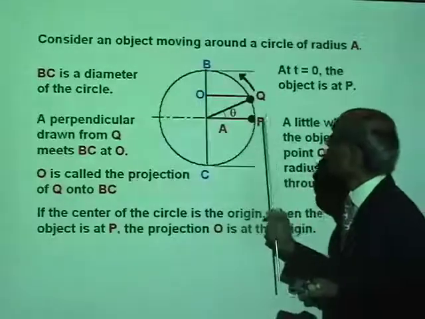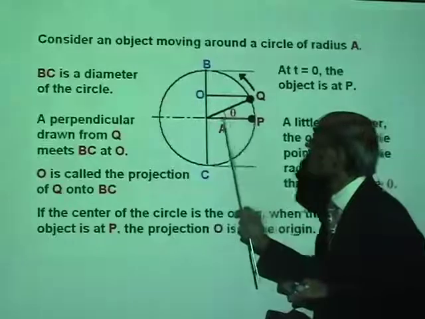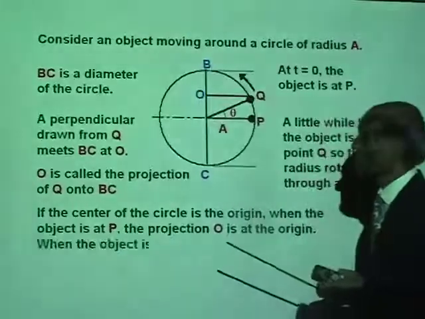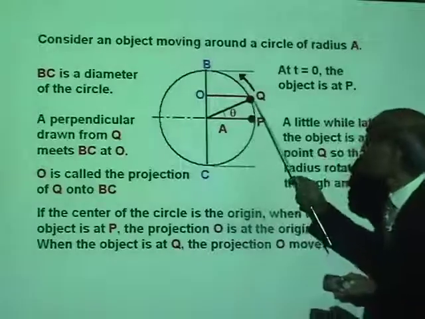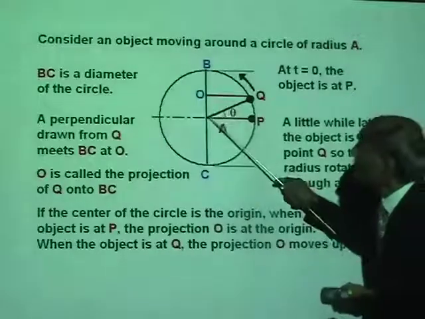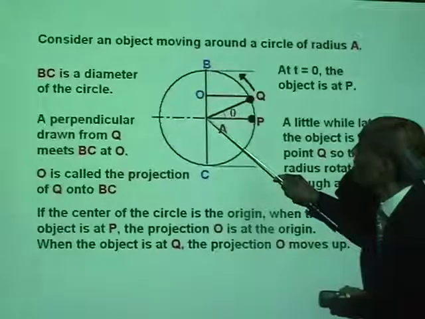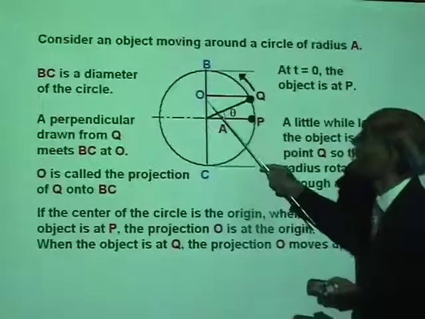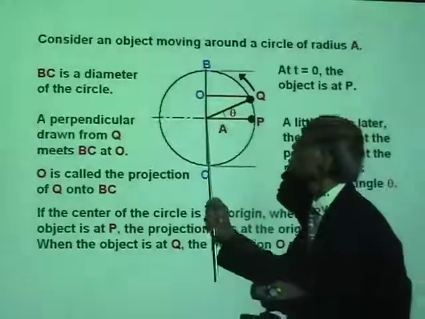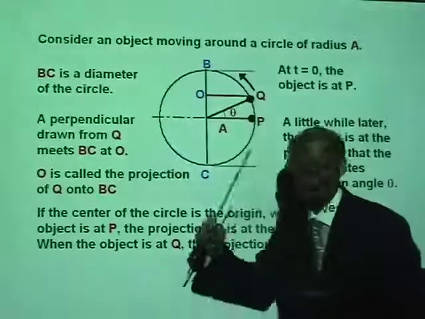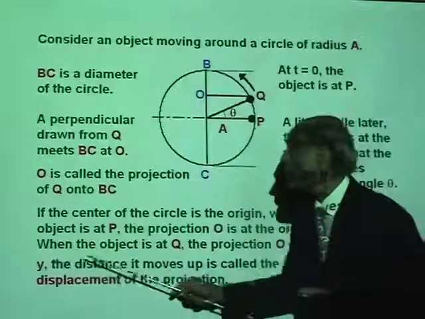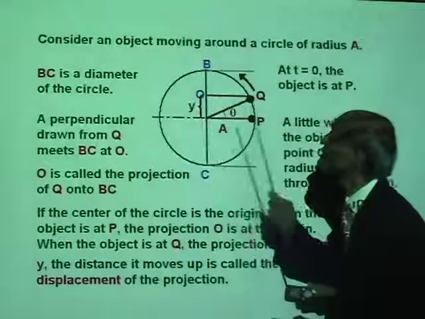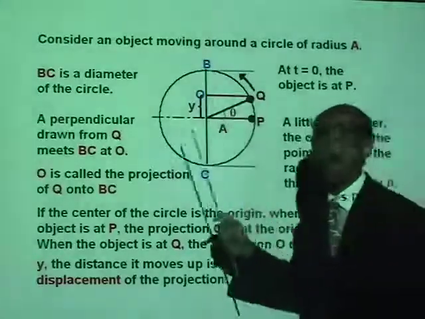When the object is at Q, the projection has moved from the origin to that position O. It has moved up, and this distance it moves up is the displacement of the projection.